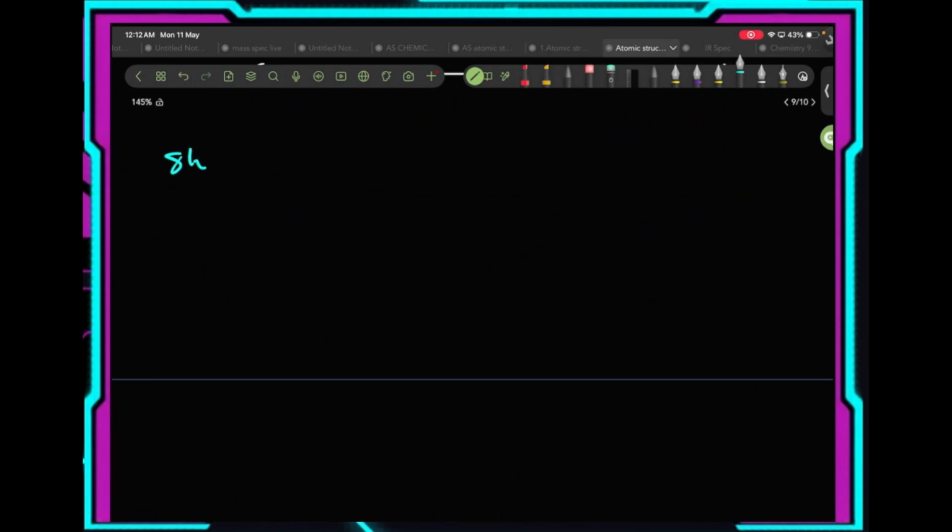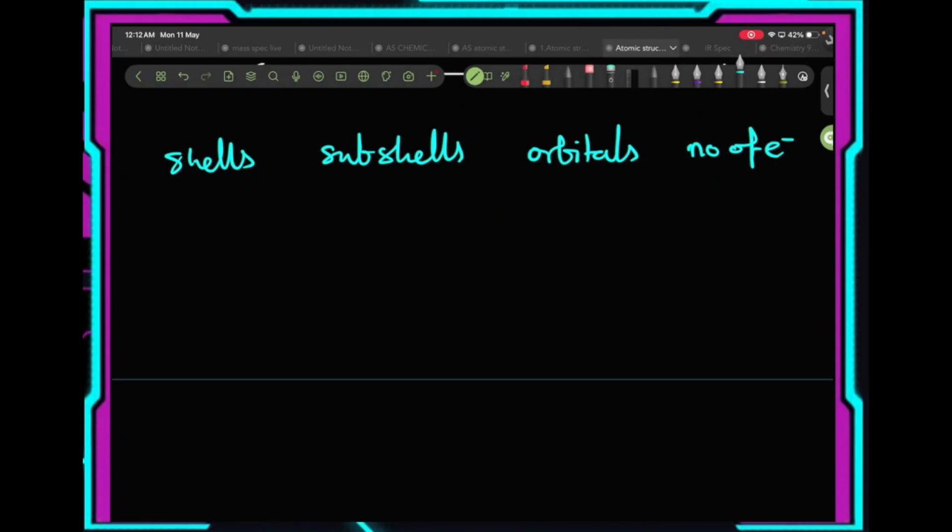So we had shells, we had subshells, then we had orbitals where the electrons are basically, and then the number of electrons that we need to fill in over there. So shells, the first shell had one subshell, that was 1s. And how many orbitals should it have?